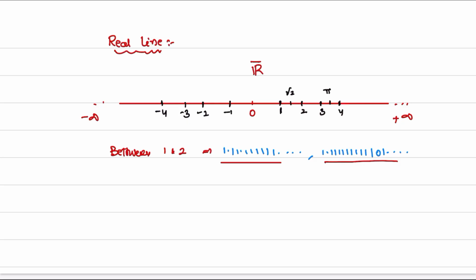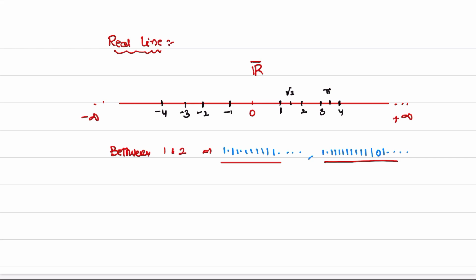That real number line is an ordered line, and it has no breakage at any point, and it's a continuous line continuing from minus infinity to plus infinity, and every number is defined either as a natural number, or a whole number, or an integer, or a rational number, or an irrational number. This is the continuity of this real line.